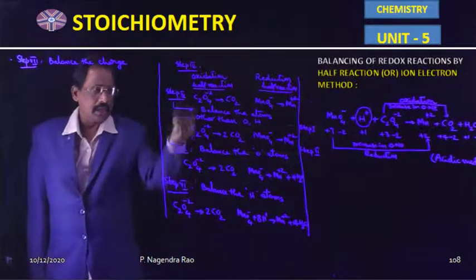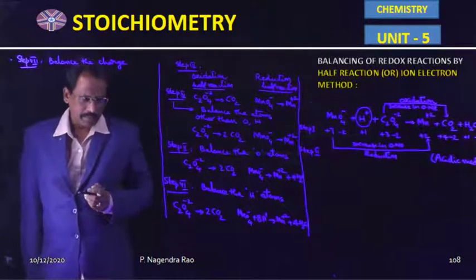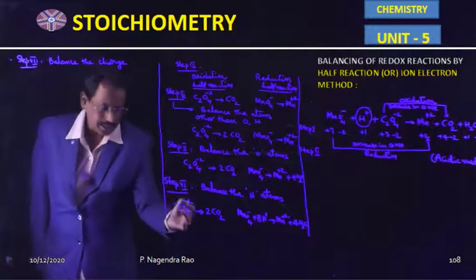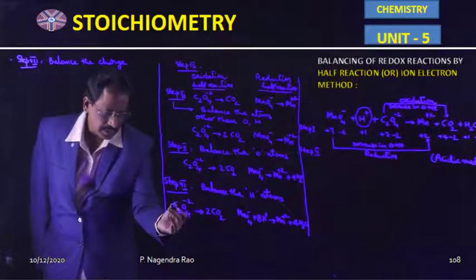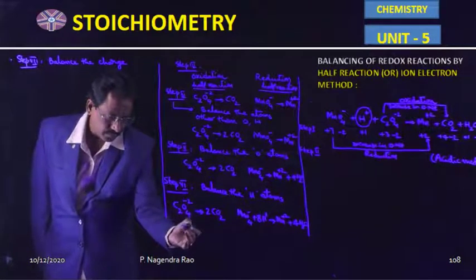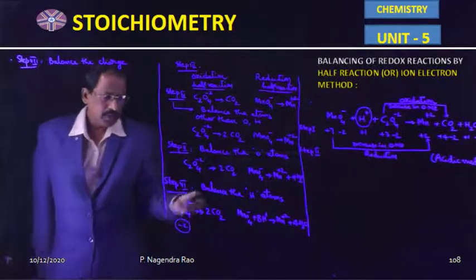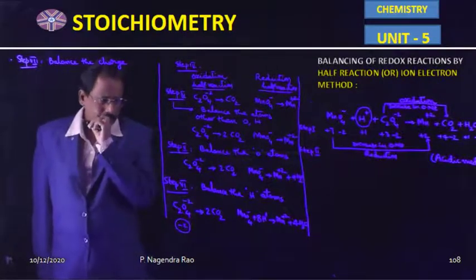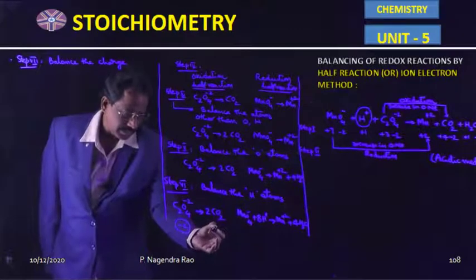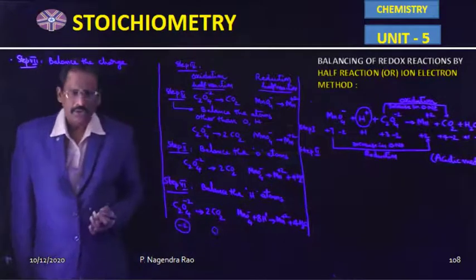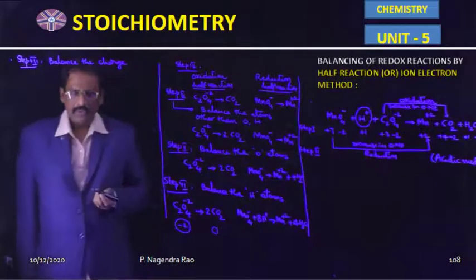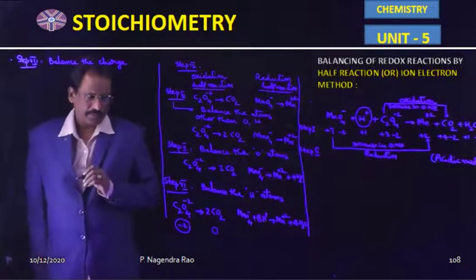So in this oxidation half reaction, in the reactant side, charge is 1 into minus 2. In the product side, CO2 is a molecule. That's why its charge is 0. For any molecule, total charge is 0.